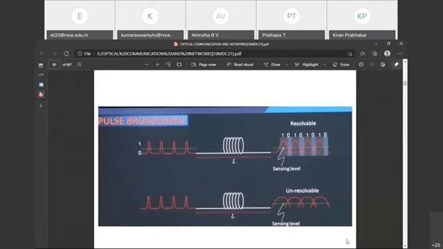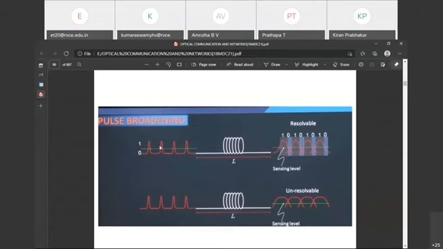This is shown over here. You will have ones and zeros transmitted, say 1 0 1 0 1 0. One is transmitted with a narrow pulse, and for 0, no pulse is transmitted. But then this pulse gets broadened. This is your sensing level.